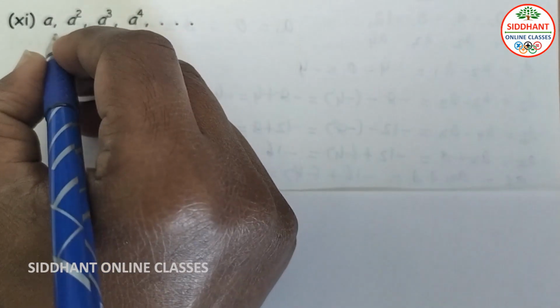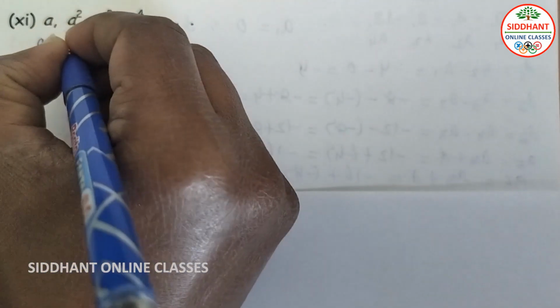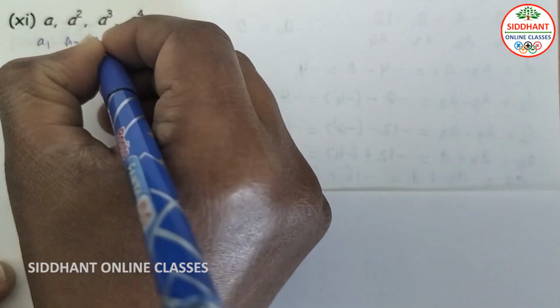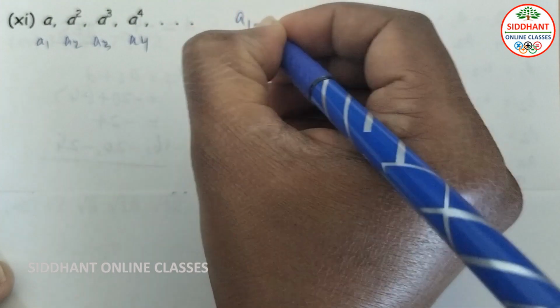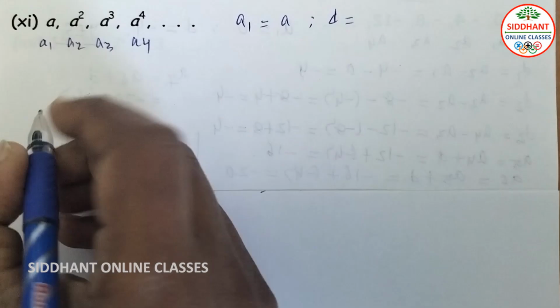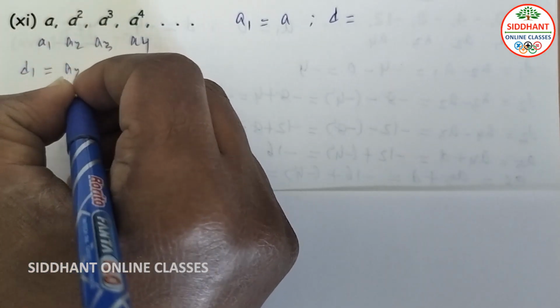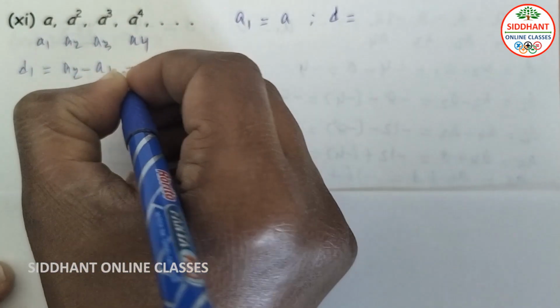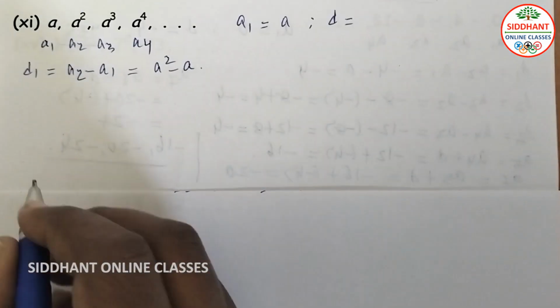11th, A square, A cube, A4. So here let it be A1, A2, A3, A4. And the first term will be A1 is equal to A, and D we are going to find out. Now D1, which is A2 minus A1, that equal to A square minus A here.